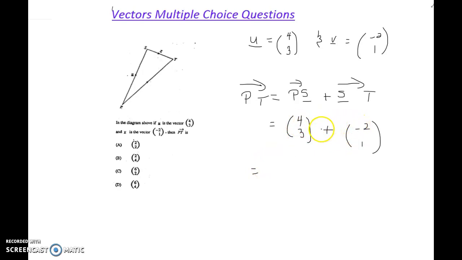Remember, a plus and a minus will give me a minus. So 4 plus minus 2 is 4 minus 2, and then we have 3 plus 1 in the bottom, which is 4. So our answer is 2, 4.